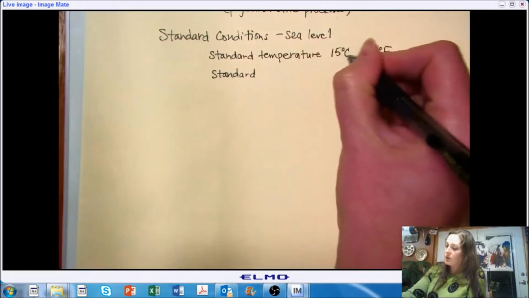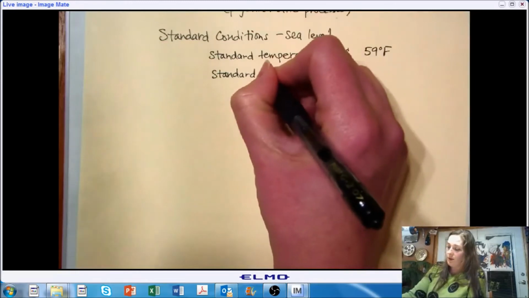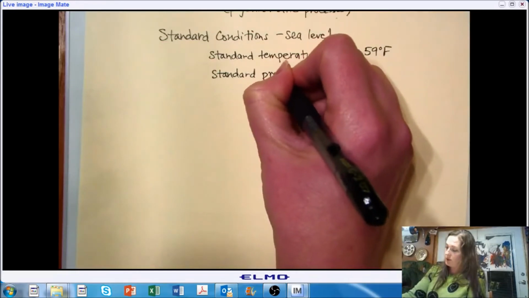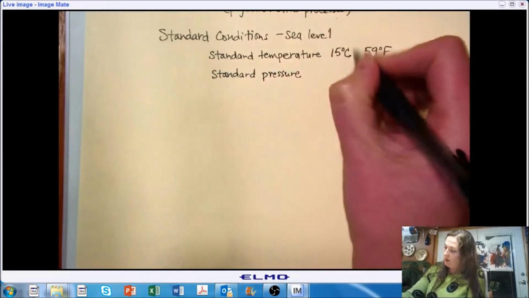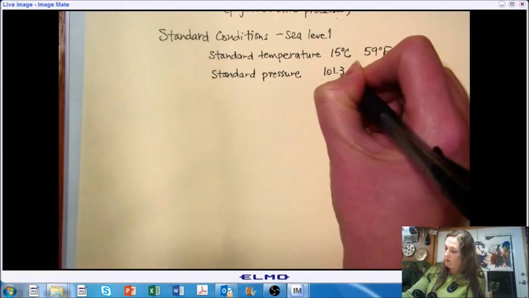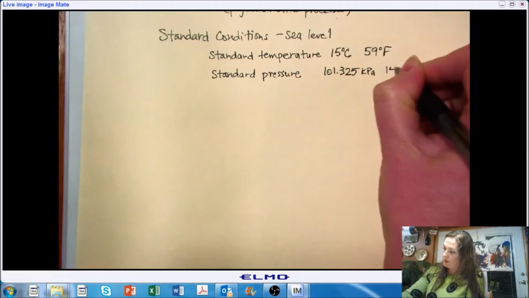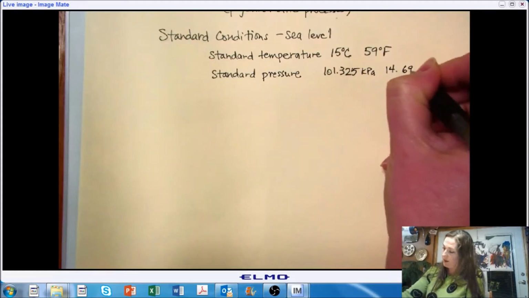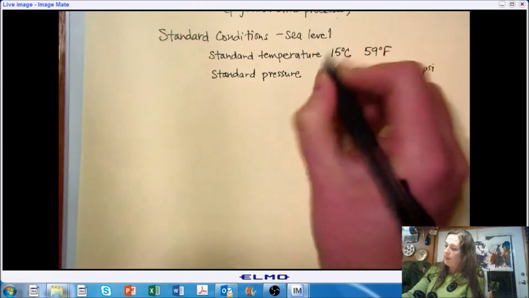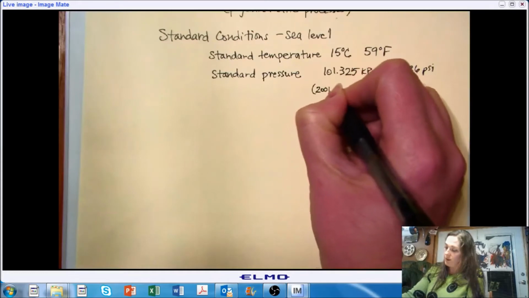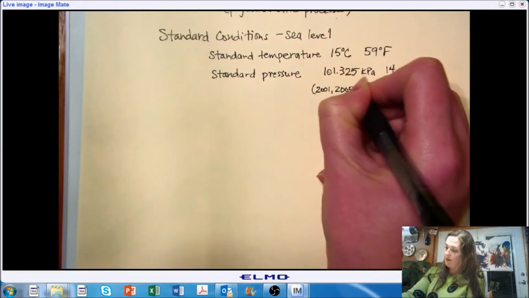Our standard temperature is going to be 15 degrees Celsius or 59 Fahrenheit, and our standard pressure is 101.325 kilopascals, 14.696 psi. And again, our reference for this is 2001, 2005 ASHRAE.